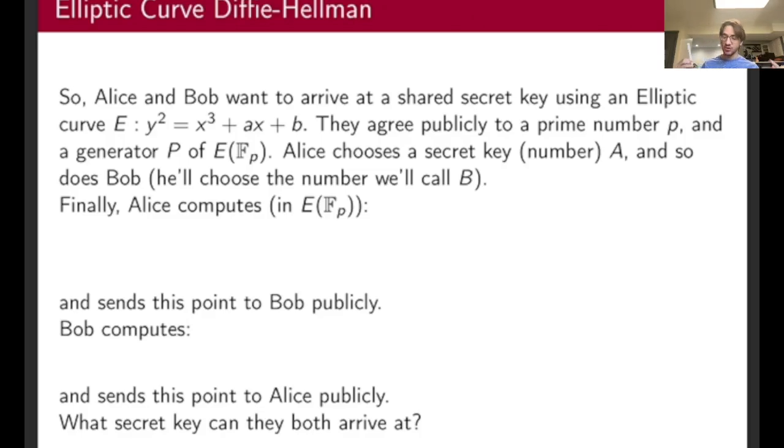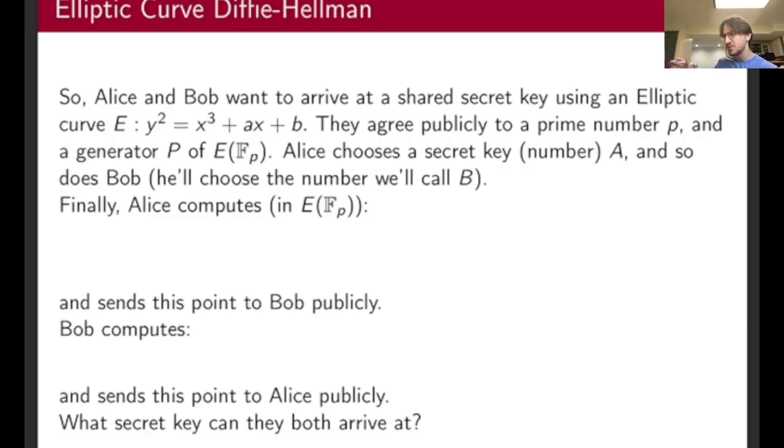Okay, so they agree publicly on the prime number p and a generator, capital P, of the elliptic curve over the finite field Fp. Then Diffie-Hellman goes in exactly the same way as it did before. Alice takes the generator and multiplies by her secret number that we're calling capital A, because I'm using little a right here. It's just a number, the number she's going to multiply the generator by.